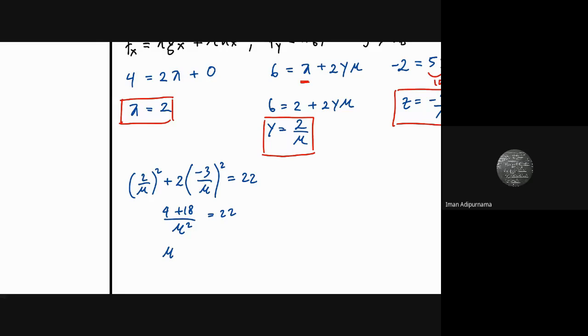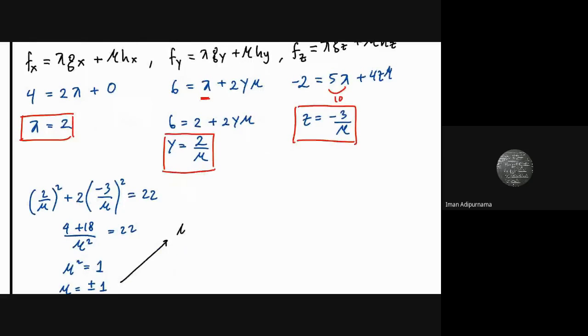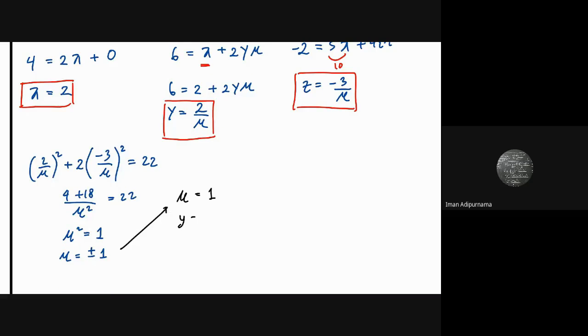We look at this, it will result in 1, or the mu itself is plus or minus 1. So we have two possibilities. First, mu is positive 1. That will be y equal 2 and z will be negative 3. Or mu is negative 1.